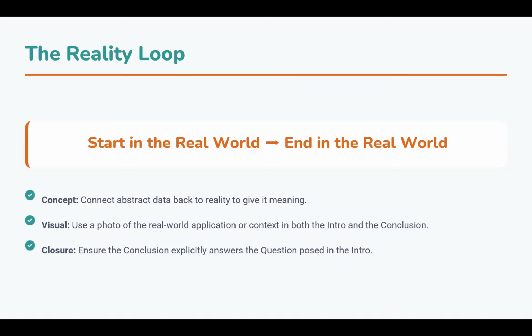Ensure the conclusion explicitly answers the question you posed in the intro. The very connecting dot is, in the introduction, you set a question, and in your conclusion, you should show your audience that you answered the question that you set through your research. So that is how you can connect the reality loop in your research story.